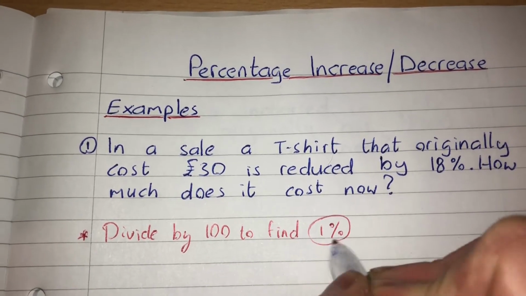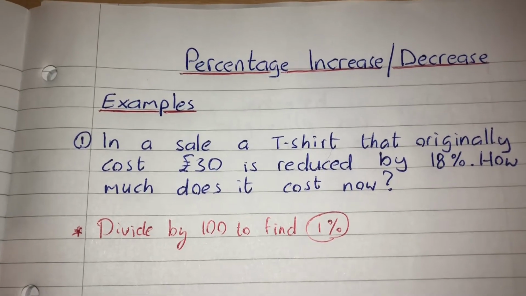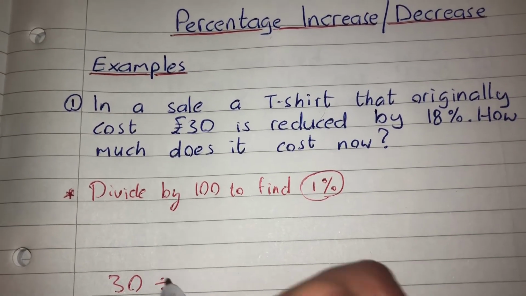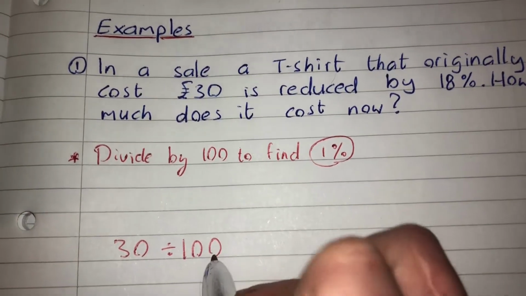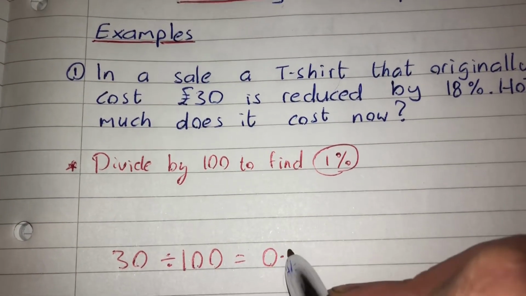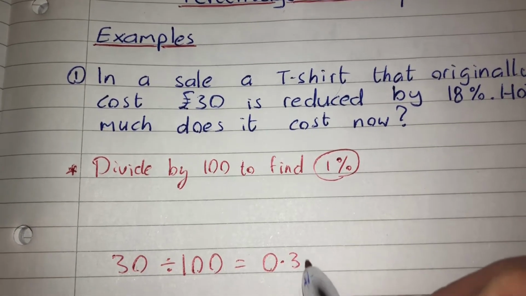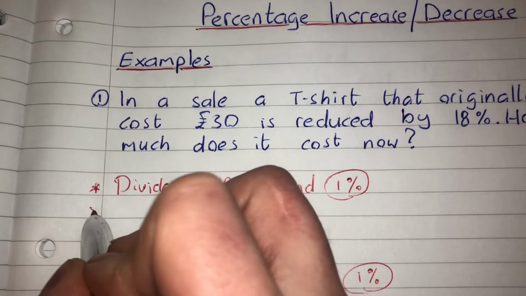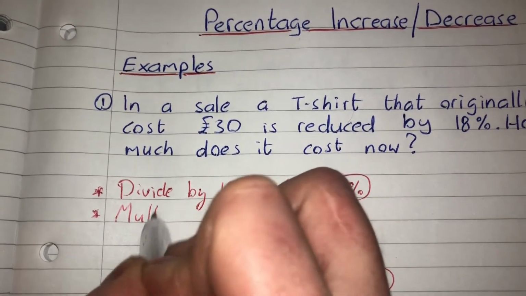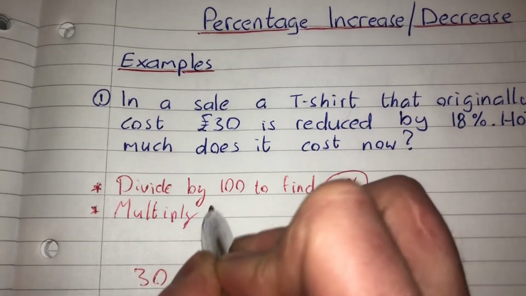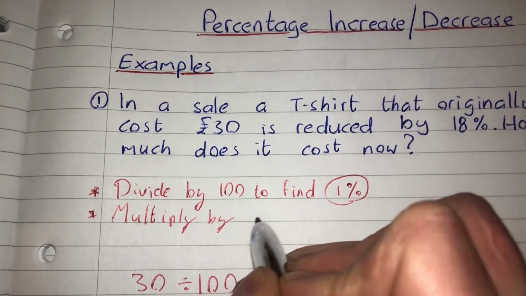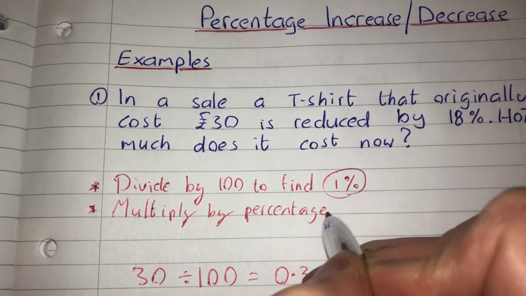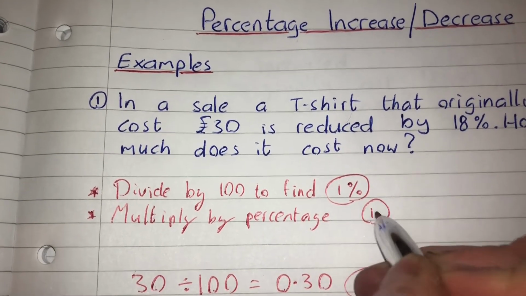Okay, so if I was to just show my working out here, if I was to take £30 and divide that by 100, we get 0.3, which is 30p essentially, so that is 1%. And if I know 1%, I can simply multiply that by the percentage, which in this case is going to be 18%.